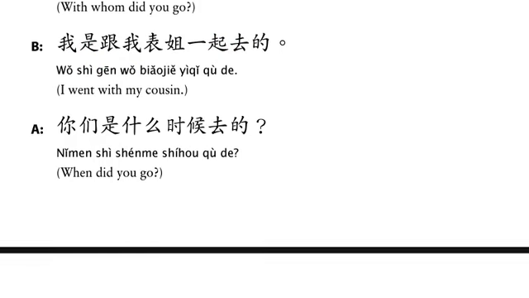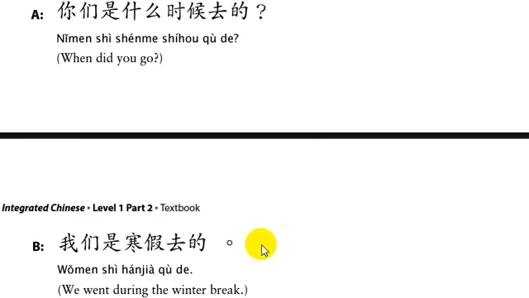Person A continues and says, 你们是, here's the 是, here's the 的, 你们是什么时候去的? Now we're asking about the time that they went. When did you go? 你们, you all, what time went? That's the literal translation.